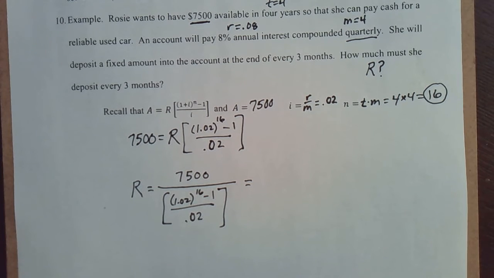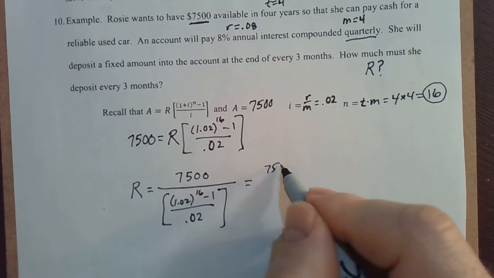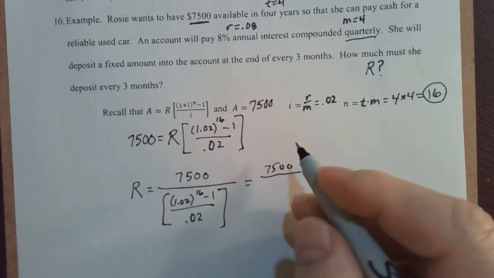Let me see, I got to start over. 1.02 raised to the 16th power minus 1 divided by 0.02 equals, and maybe I will write down my interim result here.